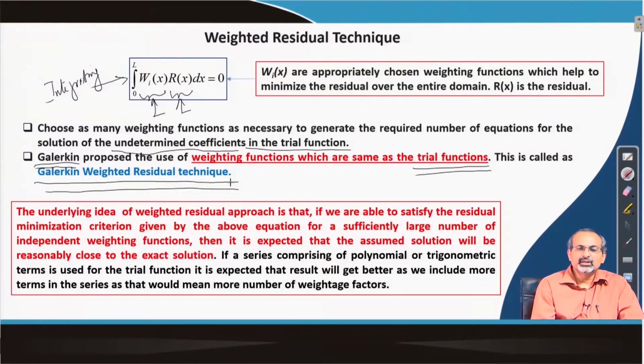Now, if you try to imagine this exercise being done through the use of polynomials or trigonometric terms in the trial solution, then you may understand from intuition that if you include more number of terms in the polynomial or more number of terms in the trigonometric form using sines and cosines, you are likely to get a better and better solution.